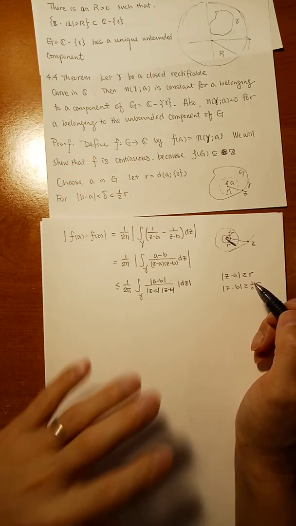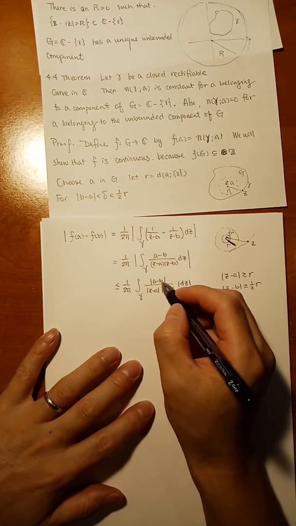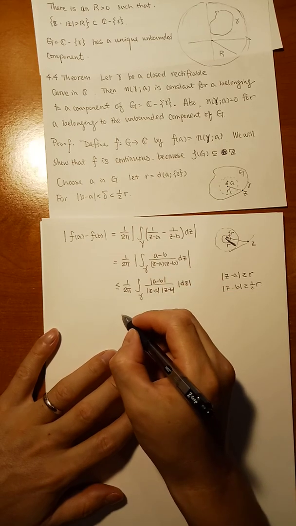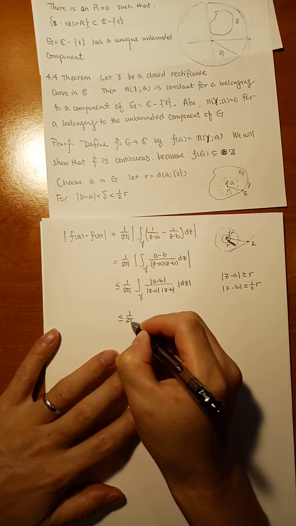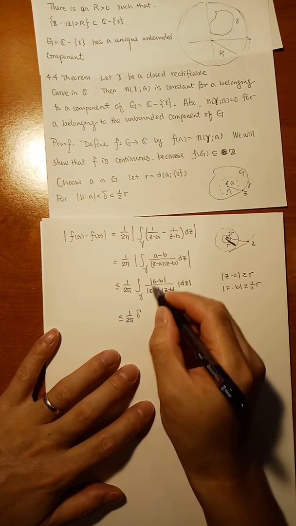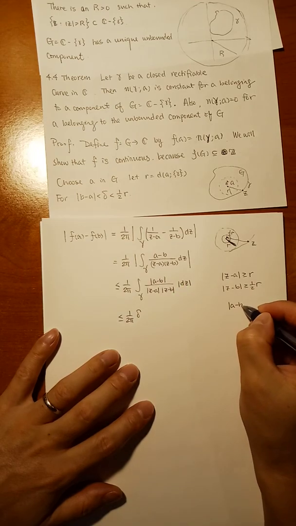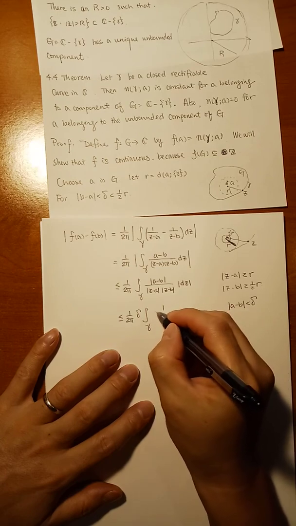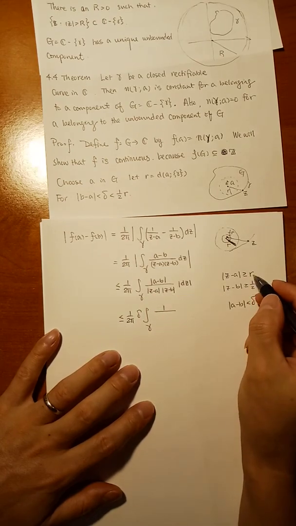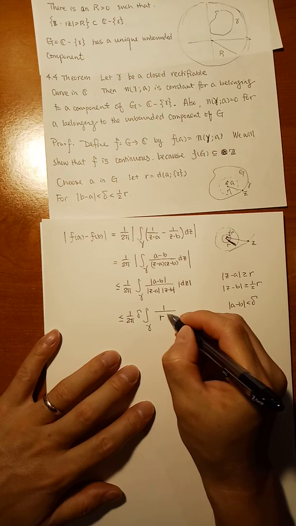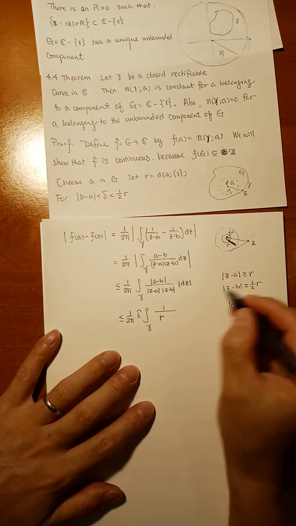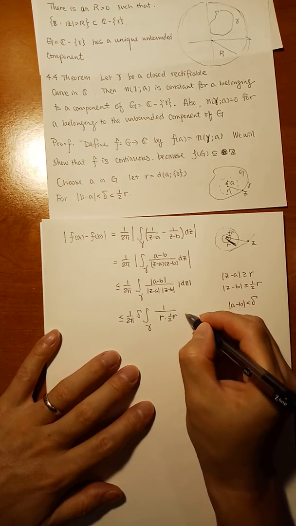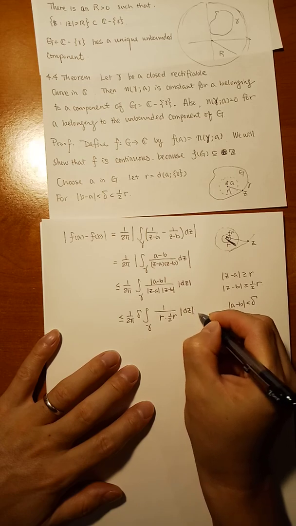Okay, so let's check. |A minus B| is less than delta. So it's less than or equal to 1 over 2 pi, delta times the integral along gamma. |z minus A| is greater than R, so when we flip it, it is less than; this is 1/2 R, dz, right?